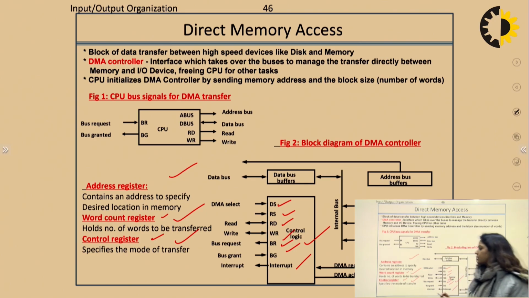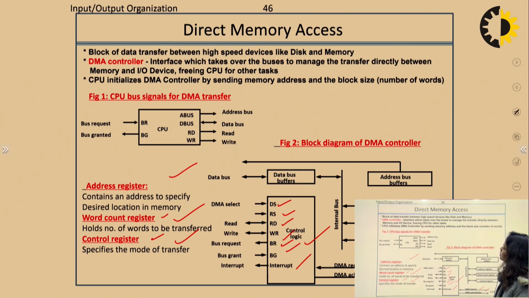So what is a control register? It will specify the mode of transmission, either a reading mode or a writing mode, either we are reading the value or writing the content to our input-output device. So these are the common signals which are an important part of this controller chip. Along with that, we have some external signals also. We have a DMA request signal and a DMA acknowledge signal.